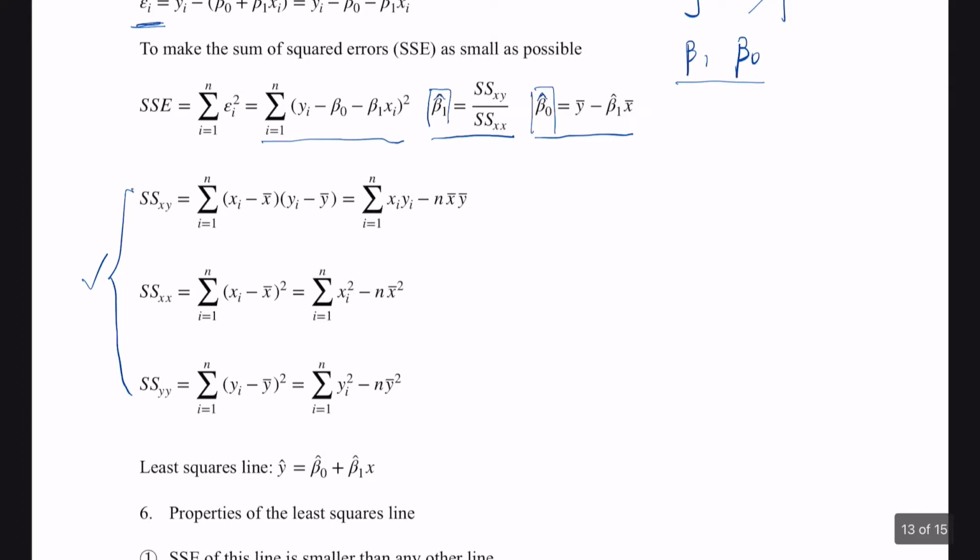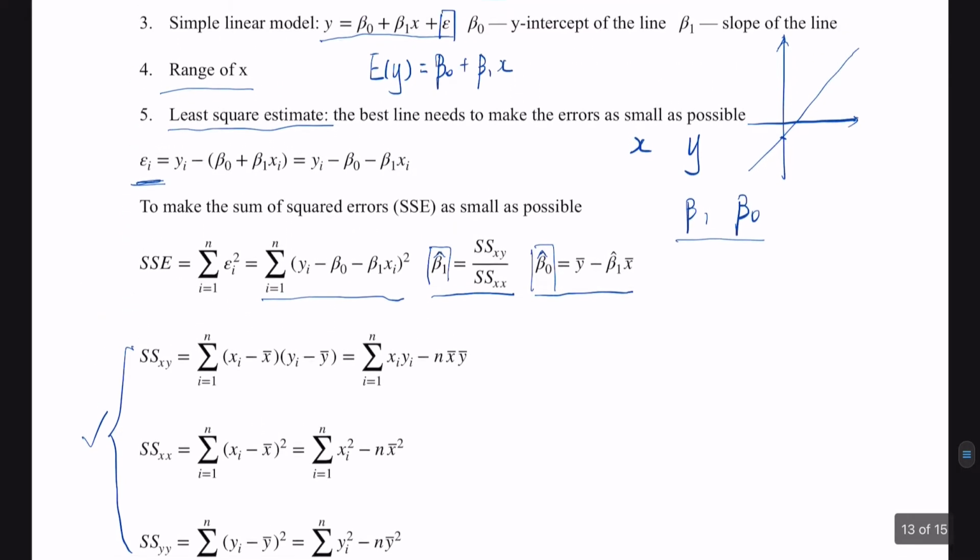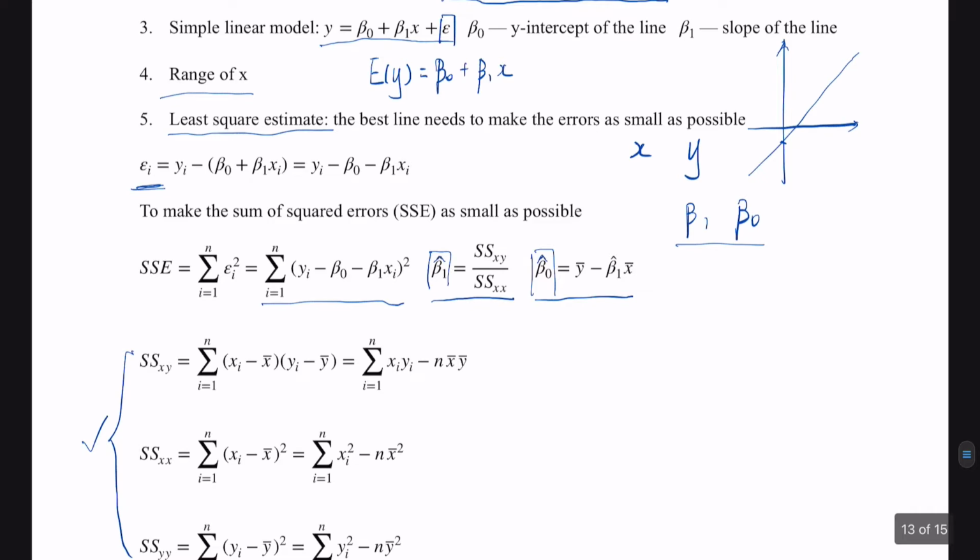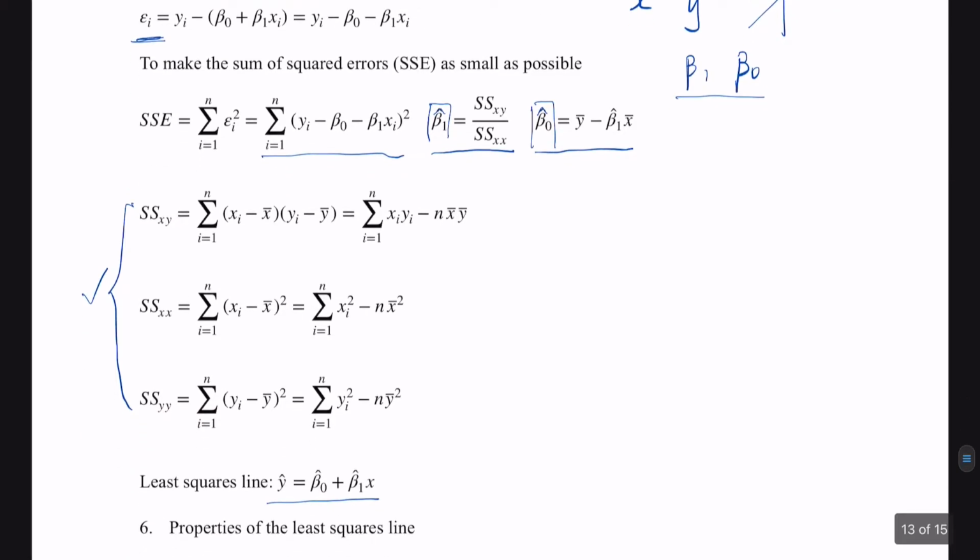So therefore, since we have the beta 1 hat and beta 0 hat, we can get the line, which is called the least square line. And please pay attention. As we said here, in the model, we incorporate the epsilon. But in the line, we didn't incorporate the epsilon.